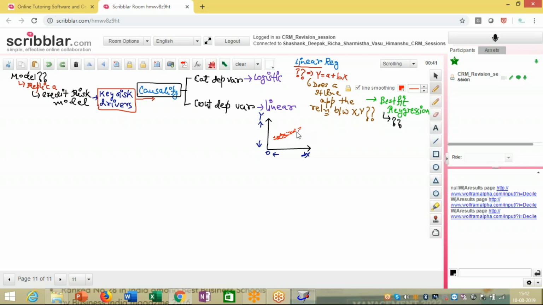Right. So this is a given scatter plot. Now what I'll do is I put a regression line through this.